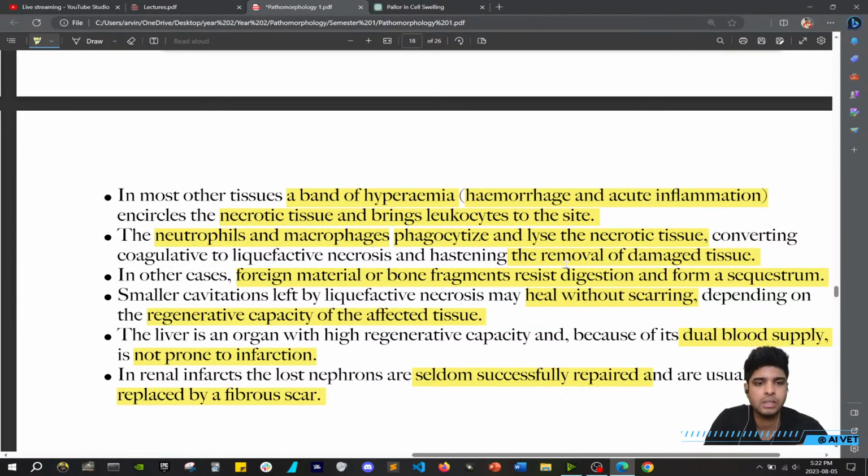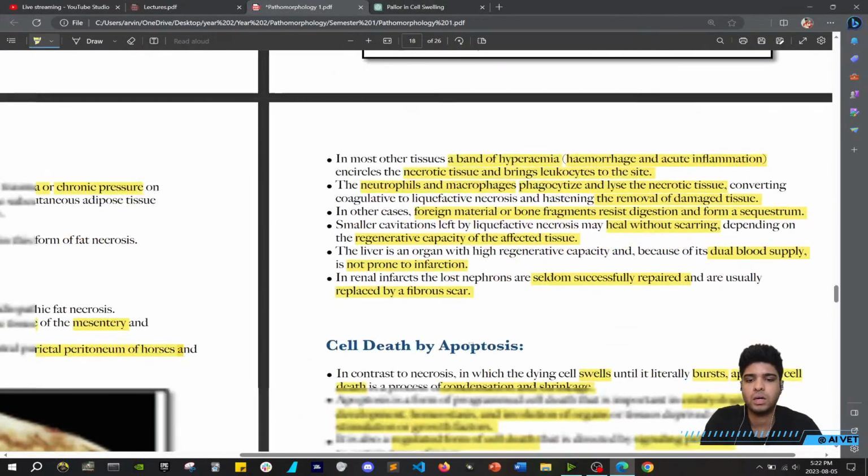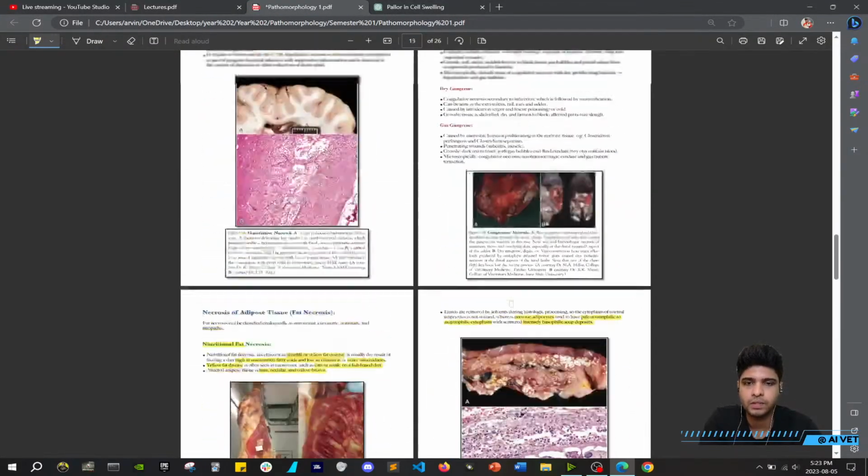They eat the cells and lyse the necrotic tissue, converting it from coagulative to liquefactive necrosis, then quickly removing the debris. If there's foreign material, it will resist digestion. Heal without scarring. Okay, got it.